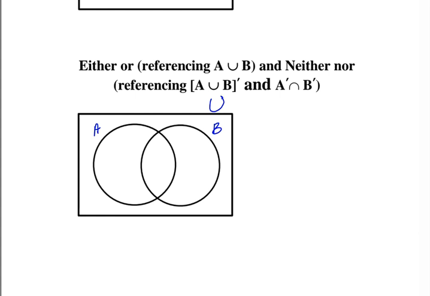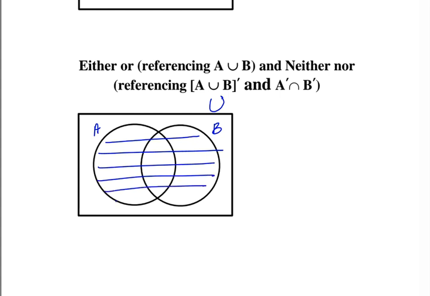So if an element is either in A or B, that element would be somewhere within the shaded region. If you are somewhere within the shaded region, you are either in A or you are in what?